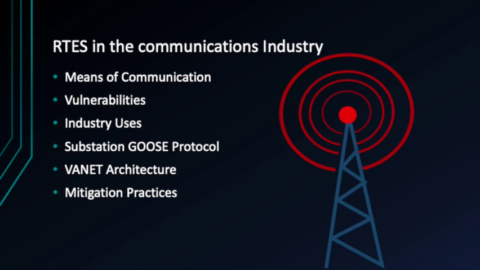Therefore, the discussion on real-time embedded systems in the communication industry will focus on the application of communications in an embedded real-time system. Here, we will discuss various methods of communication, inherent vulnerabilities, and how the industry uses communications. We will then take a look at Goose protocol techniques used in modern power substations and vehicular ad hoc network architecture. Finally, we will explore some mitigation techniques that may be used to address the security concerns found in these two industry applications.